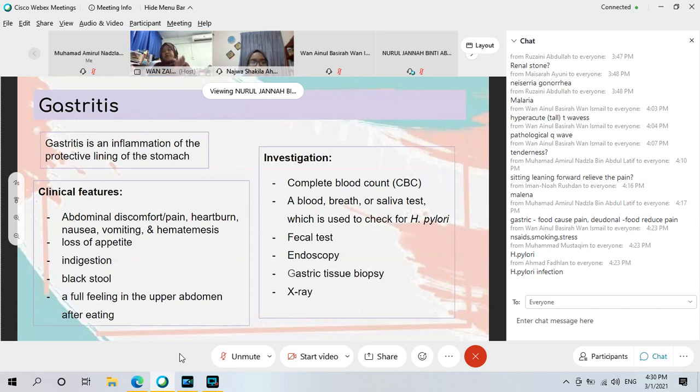Okay, now when you talk about peptic ulcer disease, gastritis should be first. Mula-mula sekali. Gastritis dulu. Lepas tu makin teruk dia akan jadi ulcer. And then in this slide it is totally wrong because black stool tu is a symptom of bleeding. And gastritis they won't bleed sebab dia belum jadi ulcer. Sepatutnya I duk tunggu yang ni black stool ni in the peptic ulcer disease. In the ulcer, gastric ulcer.